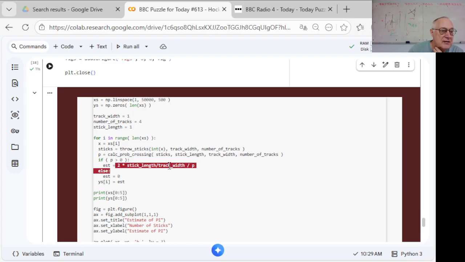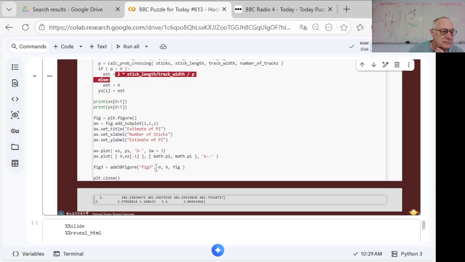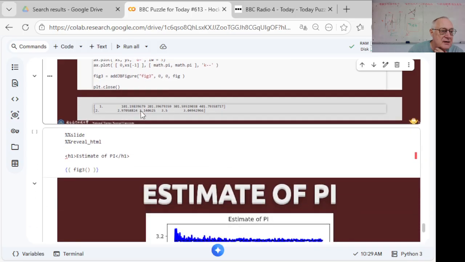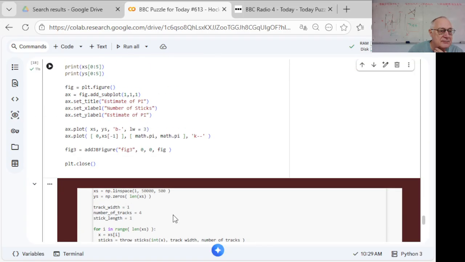If stick length and track width are the same, if they're both 1 meter, then that would be 2 divided by pi. And then this is my estimate, and here we can see the result.